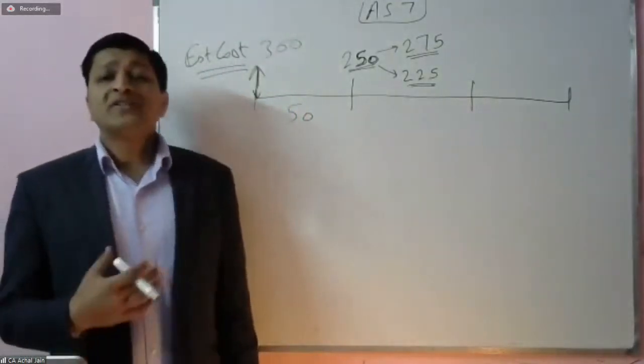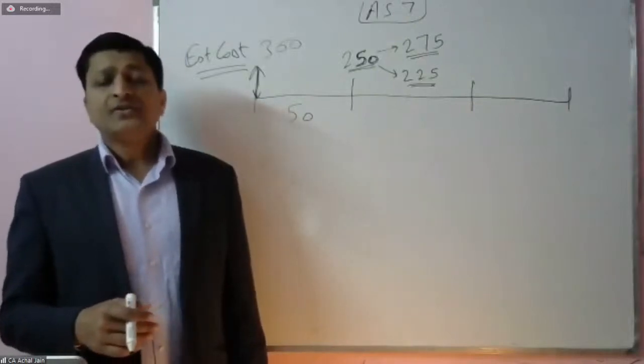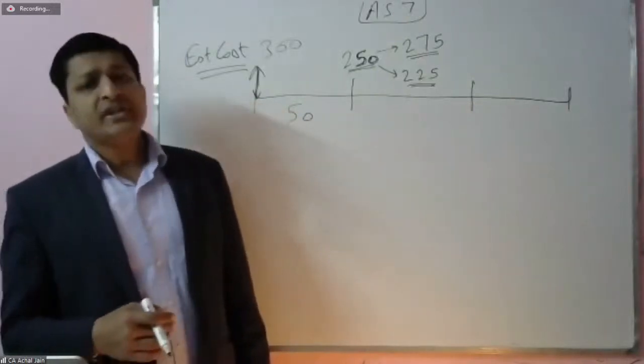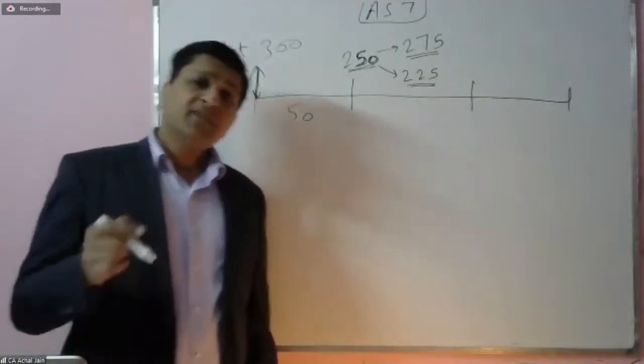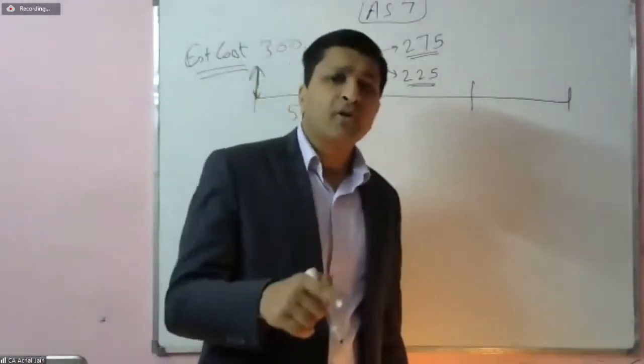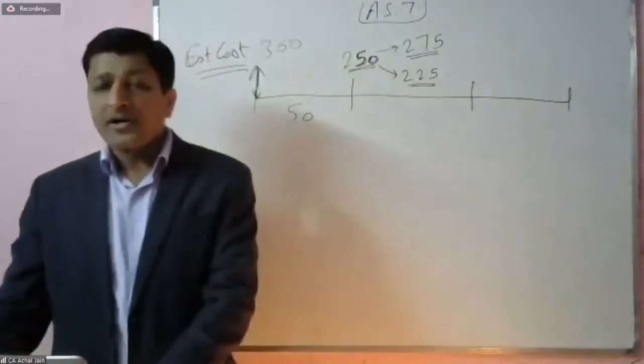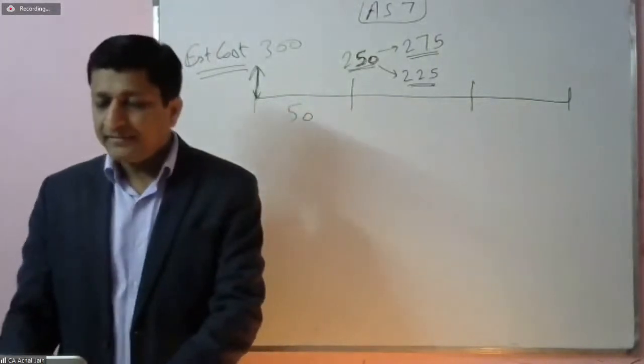And what is this change called as? This change is called as change in estimate. And whenever there's a change in estimate, how do we record that? That is recorded prospectively.